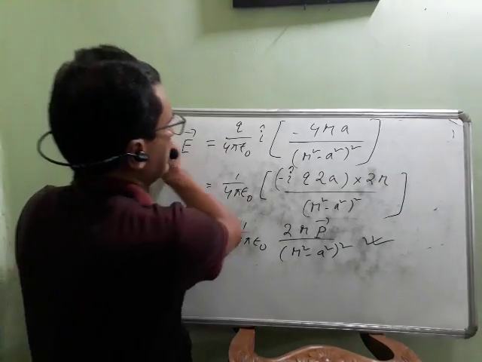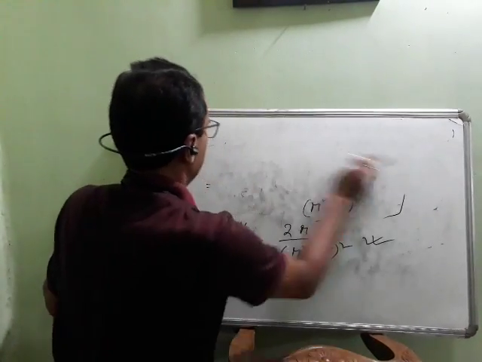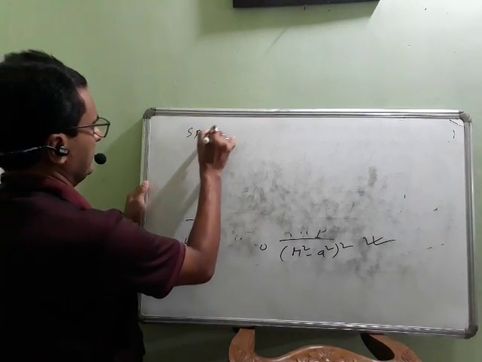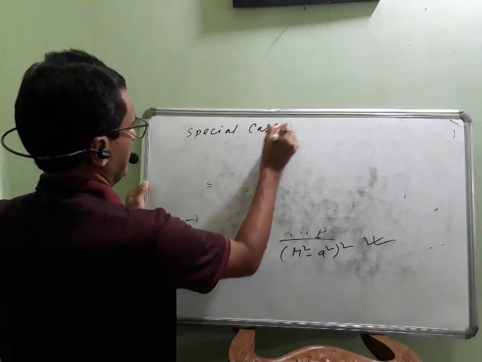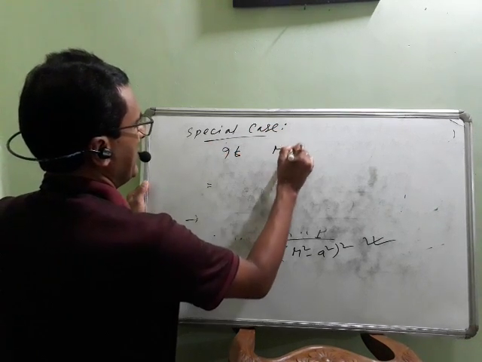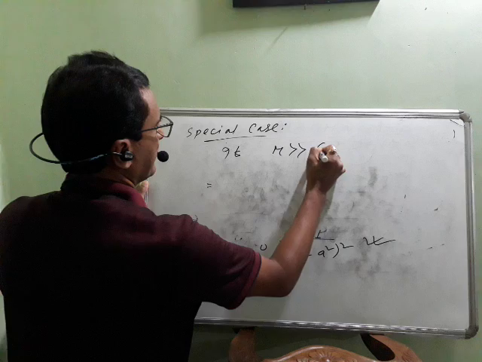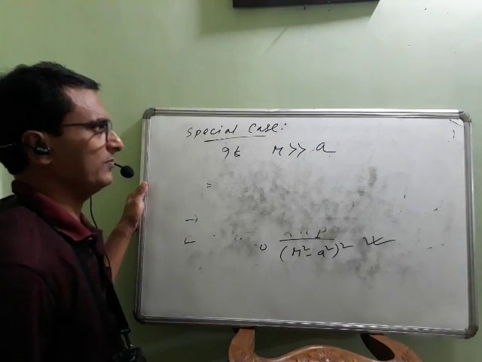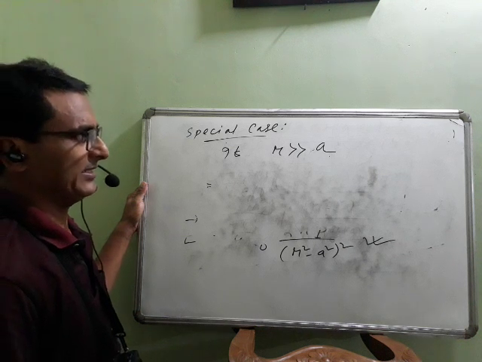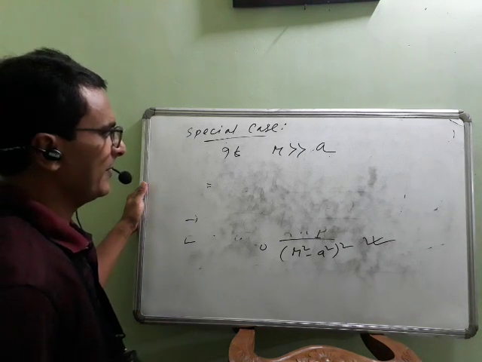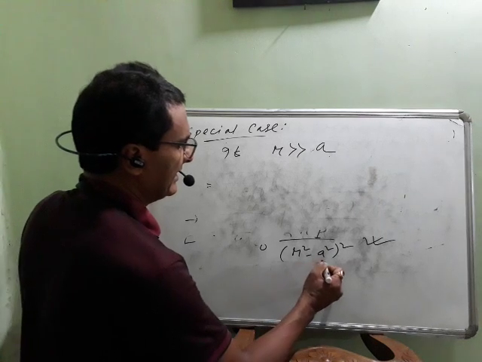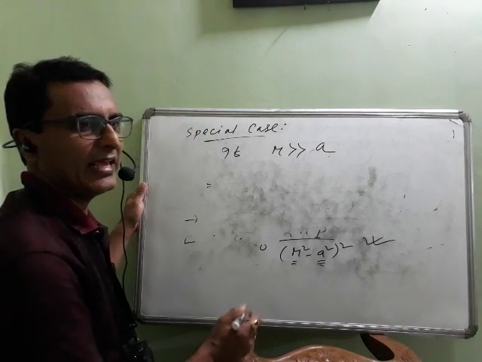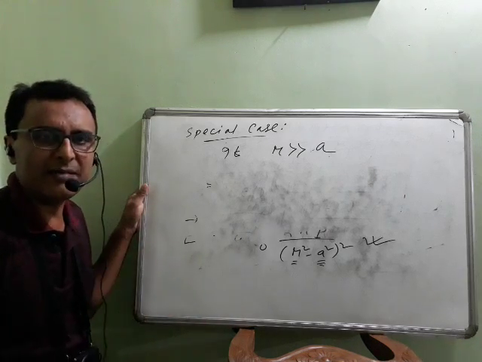Now here is a special case. Just see the case. If R is much greater than A, what does it mean? If the point of observation is at a far distance, we can neglect this A square in comparison to R. What is A? A is half of the dipole length.